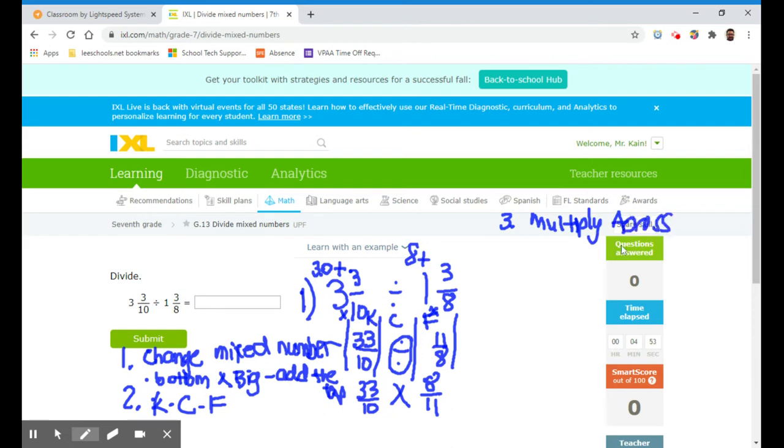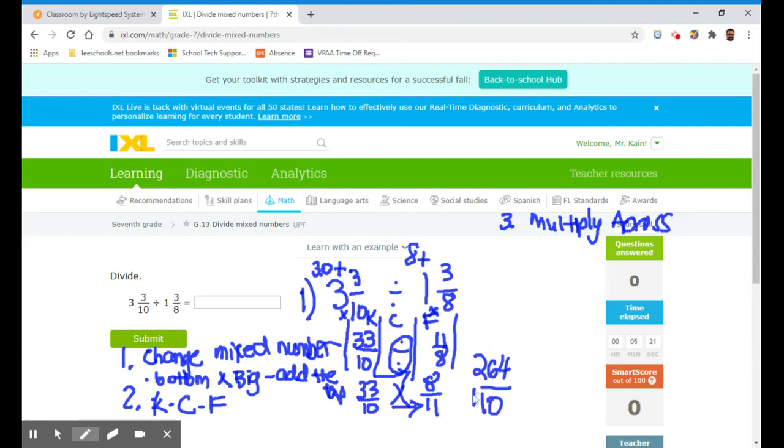Okay? So just do 33 times 8. That goes on the top of your fraction. And then 10 times 11. That goes on the bottom of your fraction. So 33 times 8. Let's see, 240 and 24 is 264. Okay? And then 10 times 11 is 110.